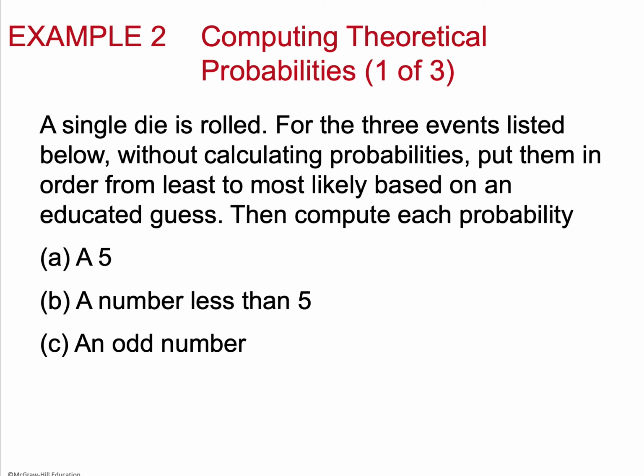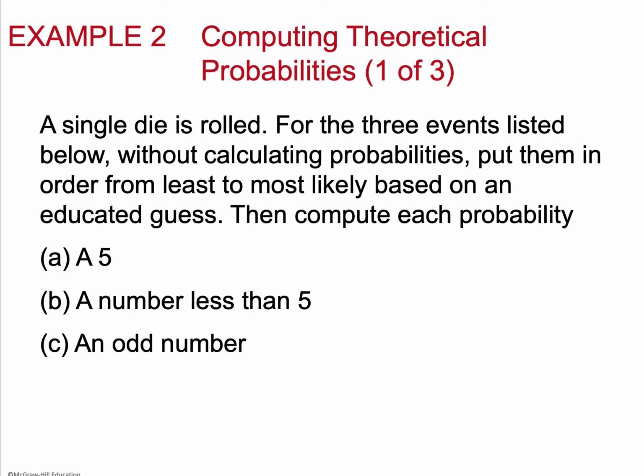So here are some examples we can talk through. I'm rolling a single die, and you want to calculate the probability for A, B, and C. If I want to roll a die and get a 5, there's only one way to get a 5. I have to actually roll the number 5. So that's 1, and there are 6 numbers on a die, so it's 1 out of 6.